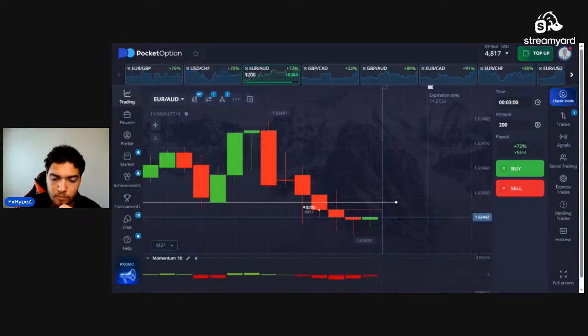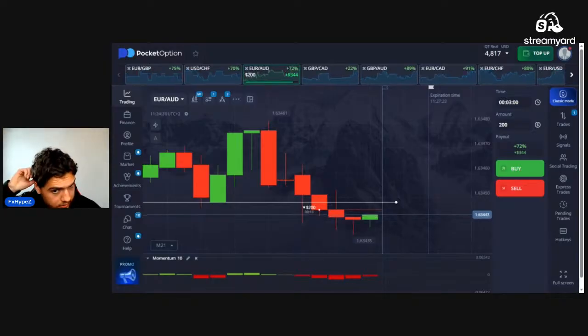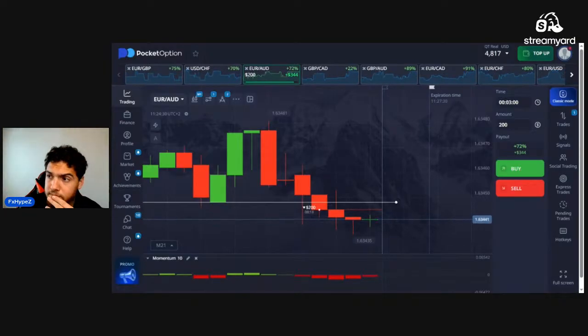Yeah, it's going to be a close call at this rate. I think we got this one in the bag. Bearish momentum is still holding out.